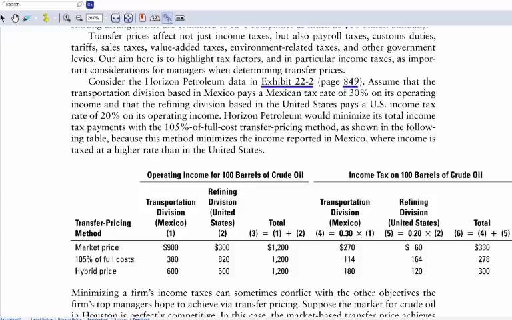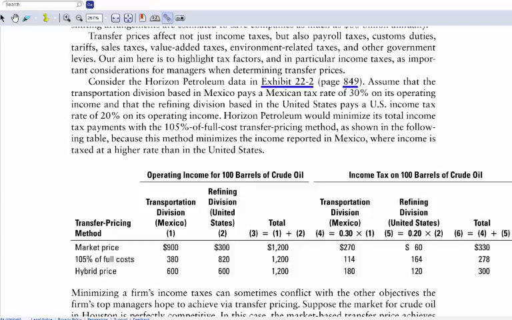Income tax considerations dictate that the total company income will be maximized when the transfer price results in the subunits with the lowest tax rate realizing the largest profit. So in other words, the item with the highest profit, and the lowest tax rate being applied to it.